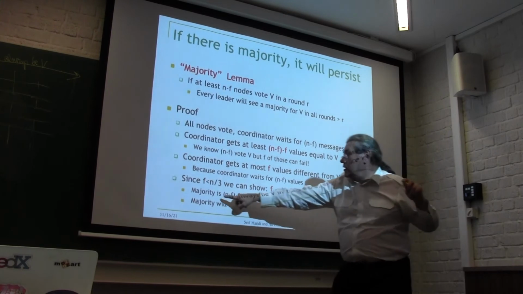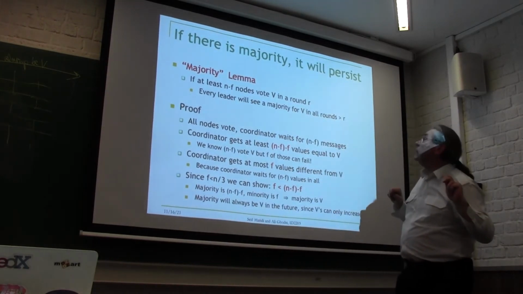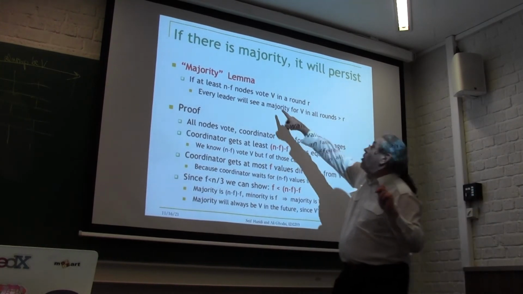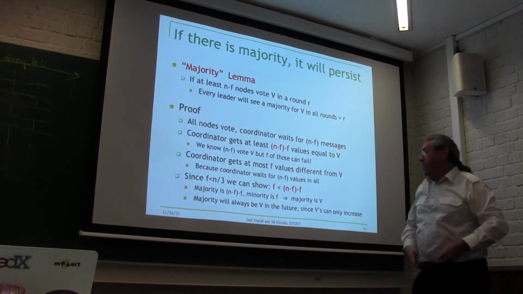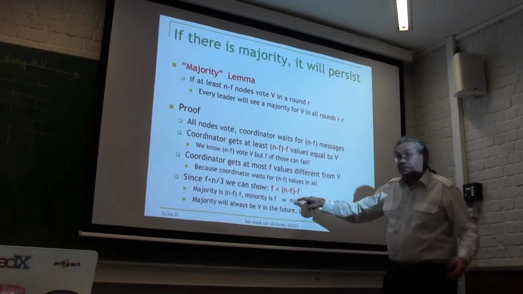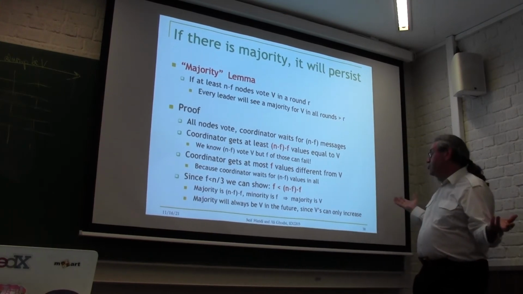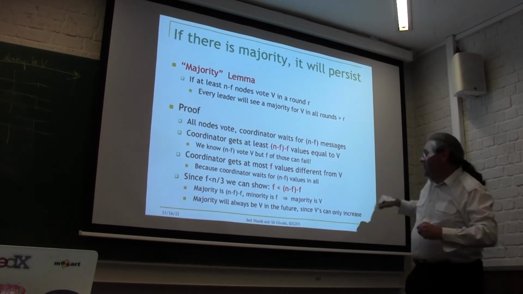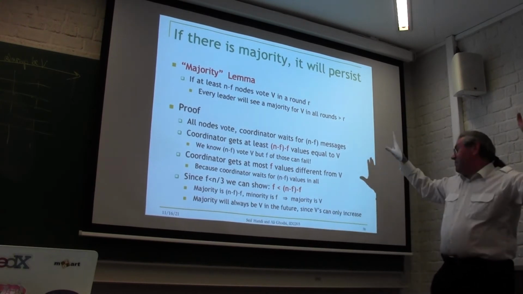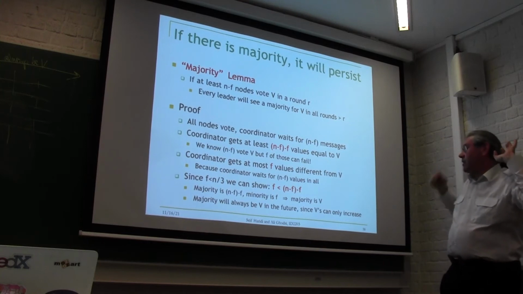So the majority is part of these n minus f voting v. That means the coordinator will pick v, because it picks the majority, and then the coordinator will send v to everybody.